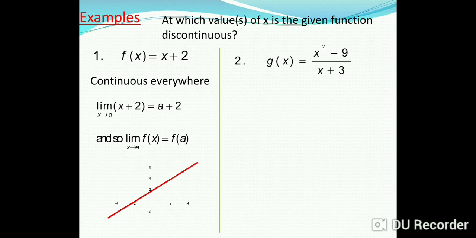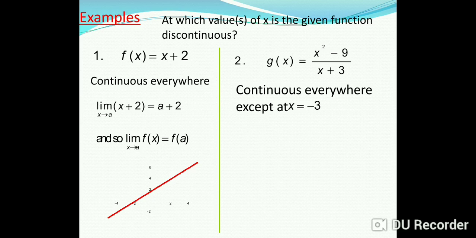And example number 2, g of x is equal to x square minus 9 divided by x plus 3. Here it is continuous everywhere except x is equal to minus 3. Now we will see the examples on that, as shown.